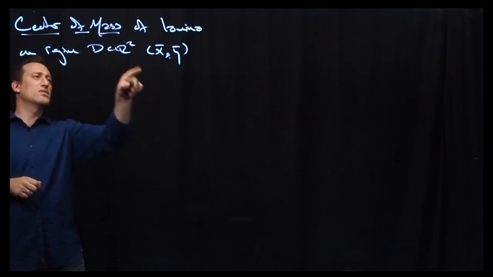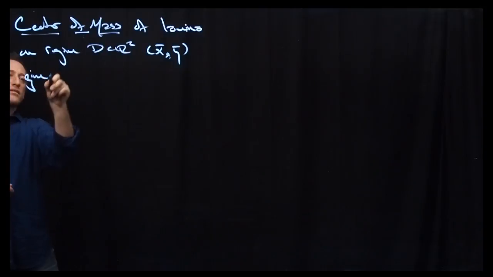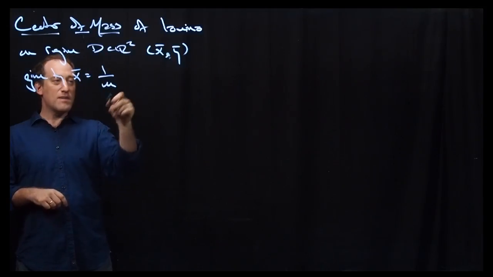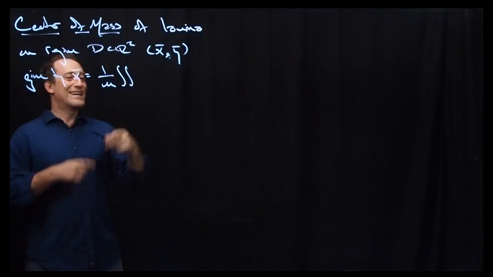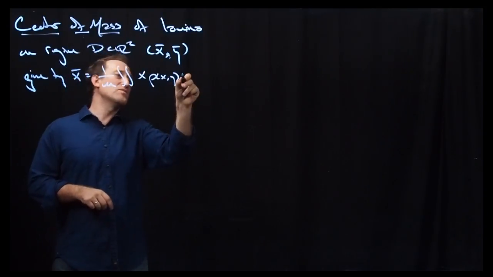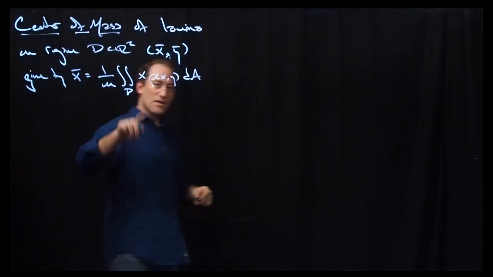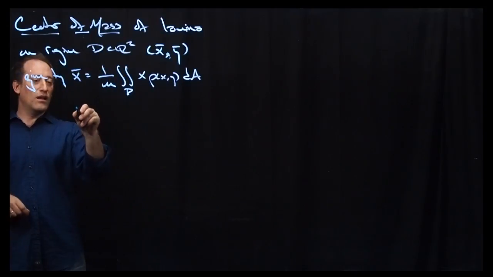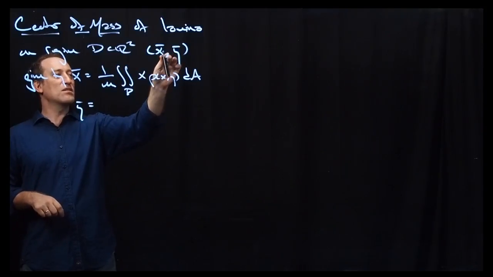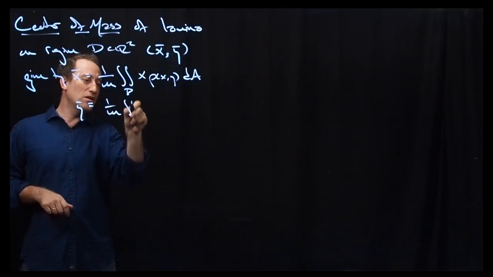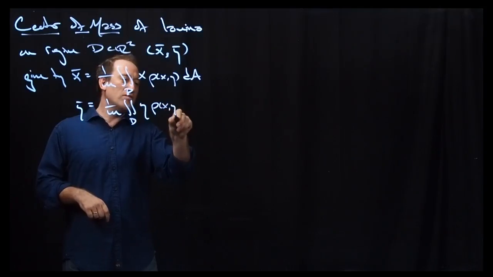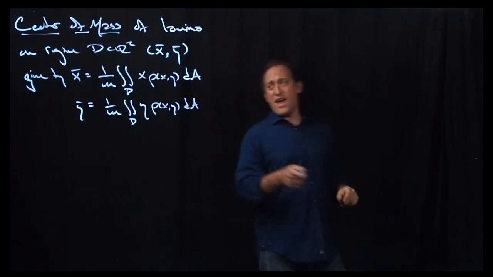So center of mass of lamina on region D, X bar, Y bar, given by X bar is equal to 1 divided by the mass, so 1 over the mass, times the integral not of the density function, but of x times the density function dA. And here I'm taking the double integral over the region D. Likewise, the y coordinate of the center of mass is 1 over m, double integral over the region of y times rho of xy dA.